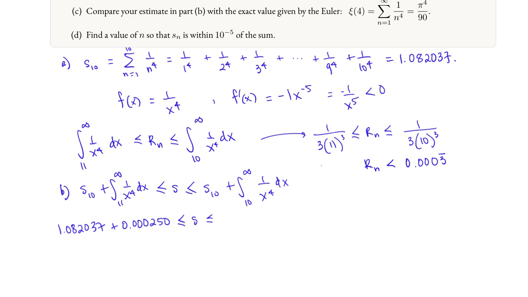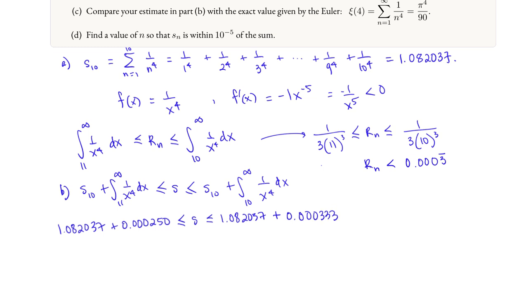Now S sub 10 is still 1.082037, and the improper integral from 10 to infinity of 1 over x to the fourth dx is 1 over 3 times 10 to the third, which is 0.000333.